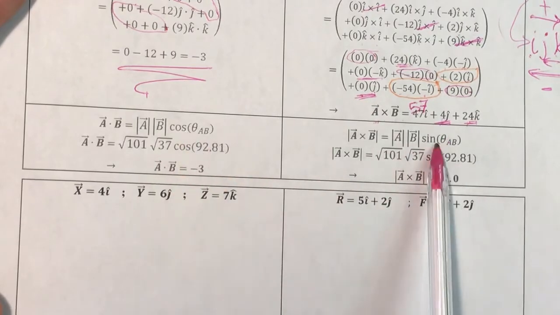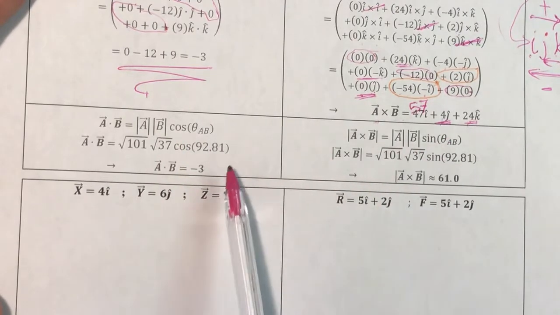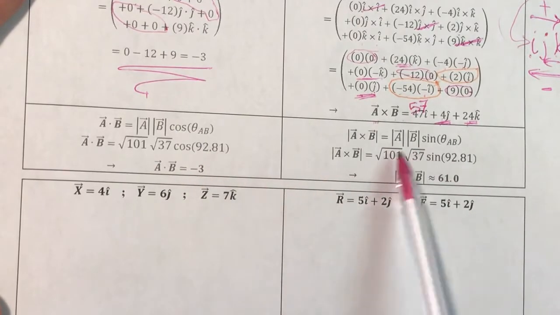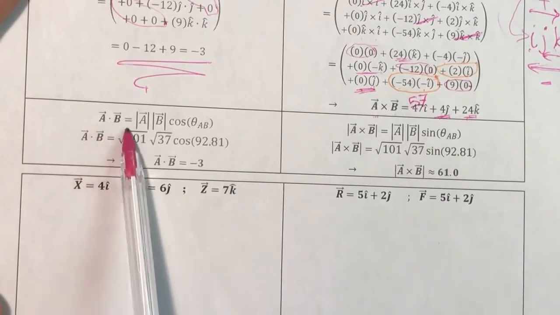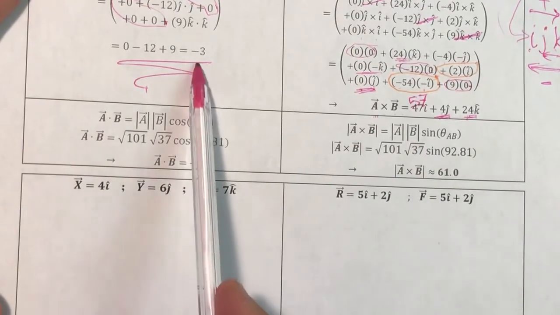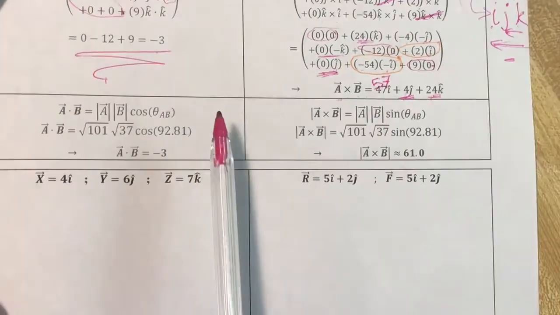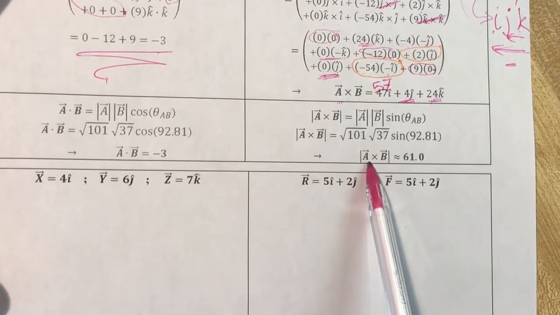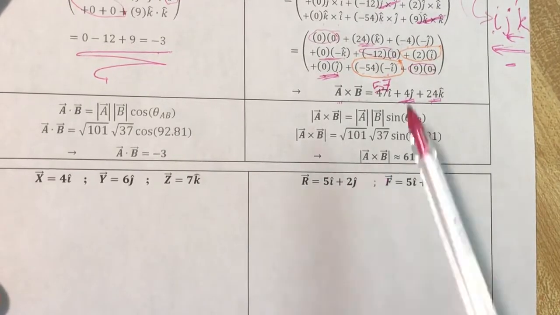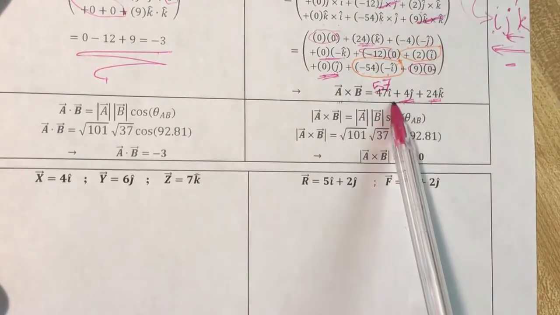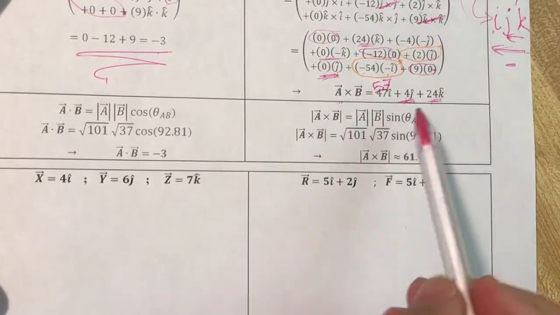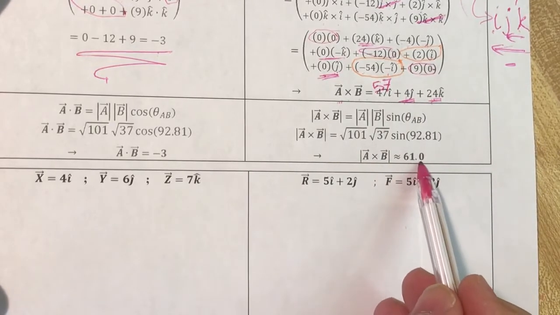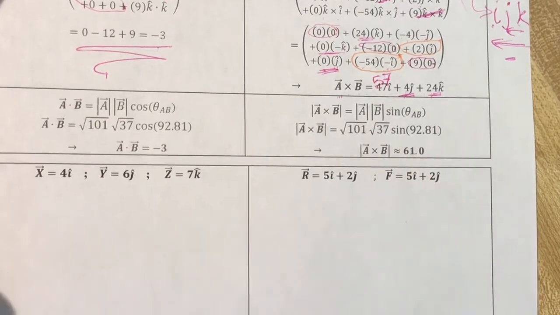One of them is cosine, the other is sine. We know the angle, and the lengths, we found them. So A dot B is equal to -3 as we found here, and the magnitude of A cross B, the length of the vector resulting from the cross product between A and B, is 61 units.